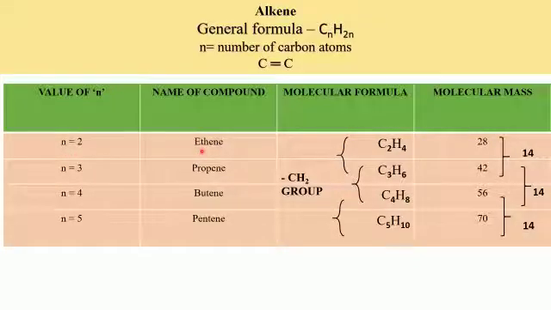We have studied that the name begins with the root or the name of the parent alkane. So we will use it here, because there are two carbon atoms, and the parent alkane containing two carbon atoms is ethane.